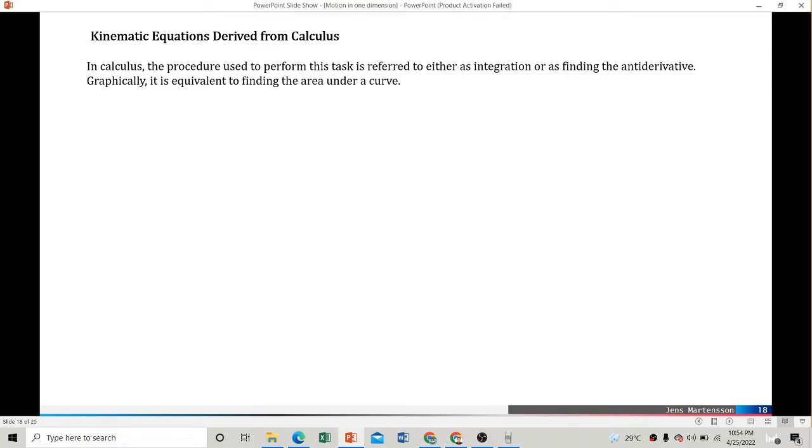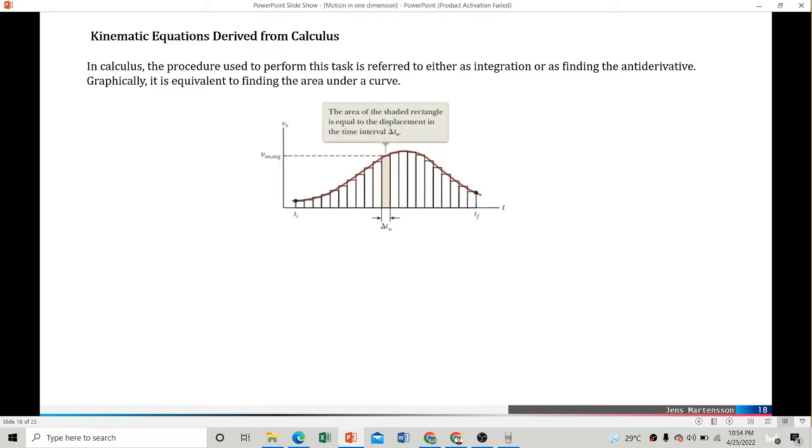In calculus, the procedure used to perform this task is referred to either as integration or as finding the antiderivative. Graphically, it is equivalent to finding the area under a curve, which is this figure.